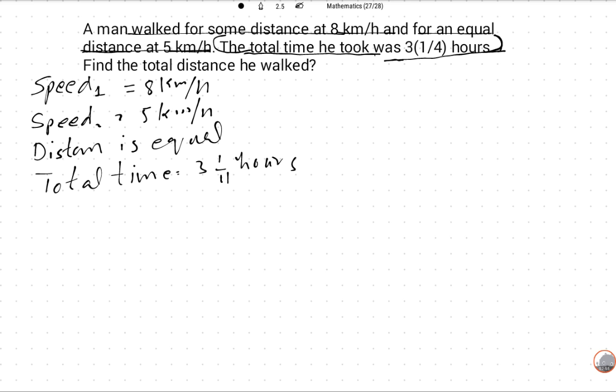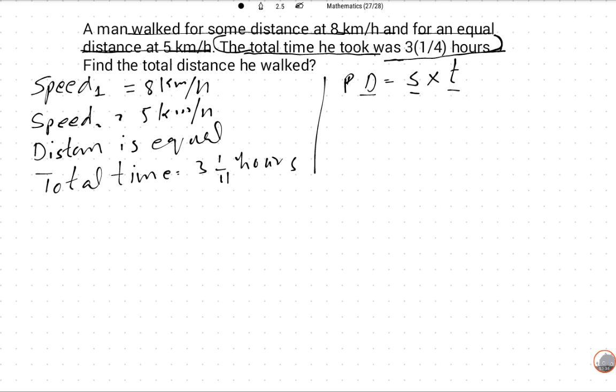Okay. So when I recall my previous knowledge, I have only a single relation between distance, speed and time. So distance is equal to speed multiplied by time. See that all the data is given: distance, speed and time.